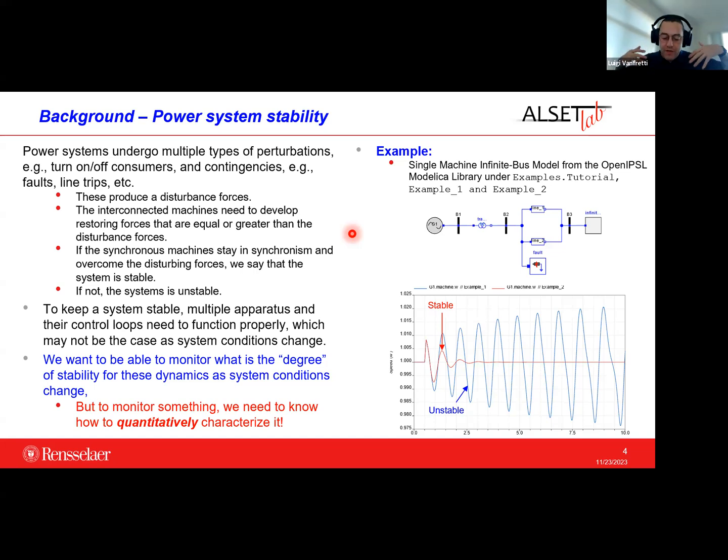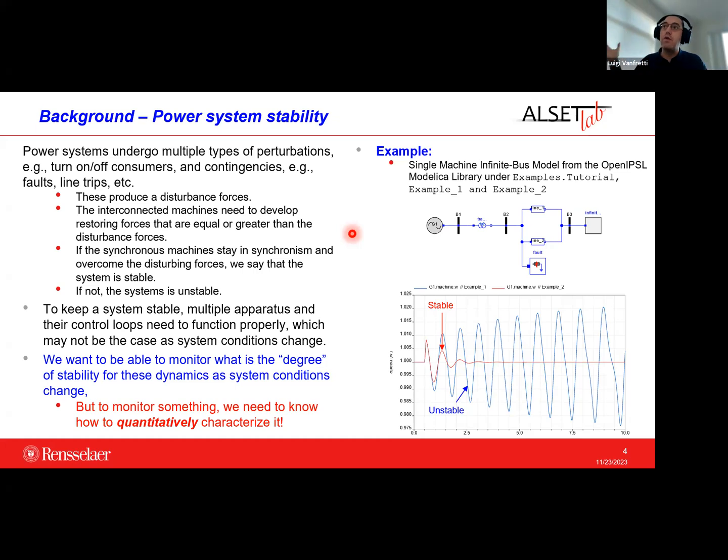And you have across the entire power grid in Europe many electrical machines, synchronous generators, and also other types of devices that need to develop restorative forces that are greater than the disturbance forces to try to come back to some sort of quasi-equilibrium.